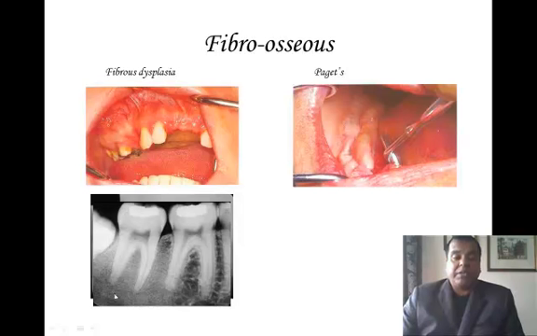And in this radiograph, what you see here is a pattern of bone formation here, which is different to the adjacent normal bone. It's a bit more compact, and these are patterns that you need to be aware of.